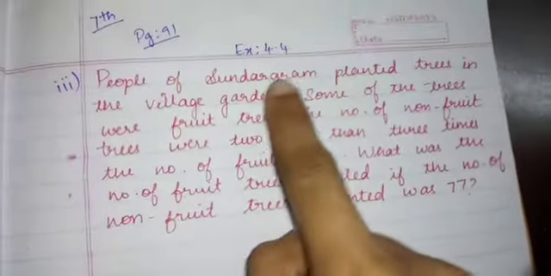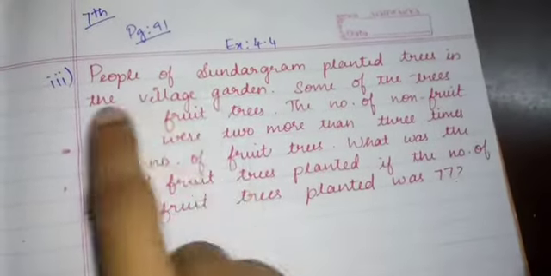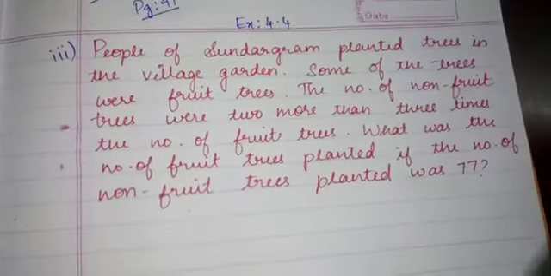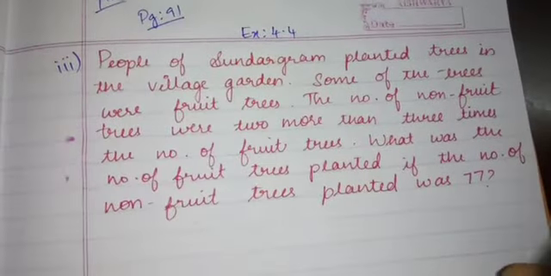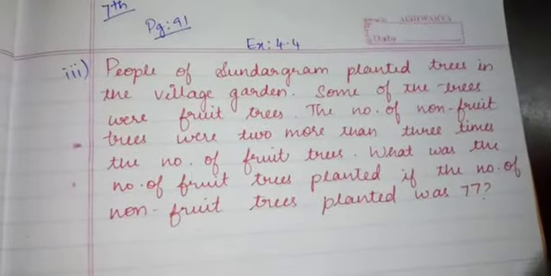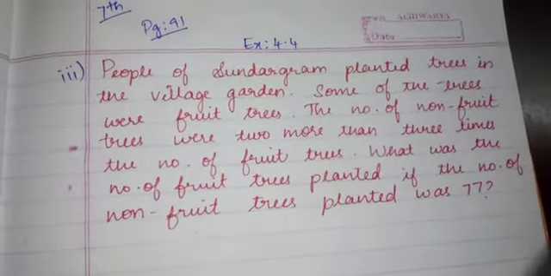See, third problem, third subdivision. People of Sundaraham planted trees in the village garden. Okay. In some area the people have planted trees in a village garden. Some of the trees were fruit trees. Okay, some trees will give you the fruits.